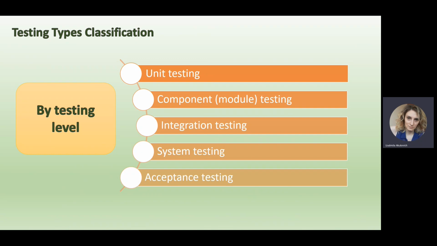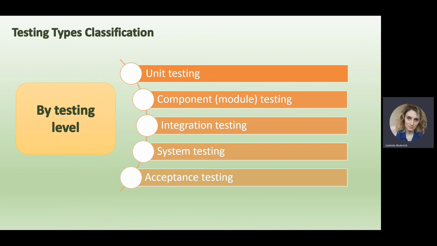Integration testing is aimed at testing the interaction between several parts of the application. For example, I'm testing a shopping cart in an online store, but agree it's useless if it is not integrated with the possibility to check out, to pay for the goods I've selected. In this case, I will use integration testing to check the interaction between several parts of the application.